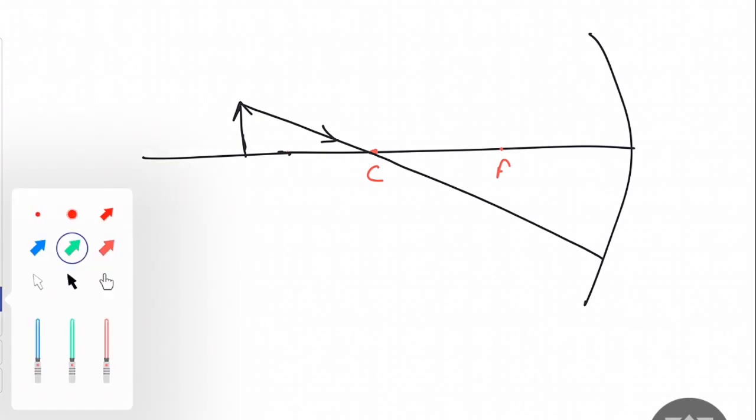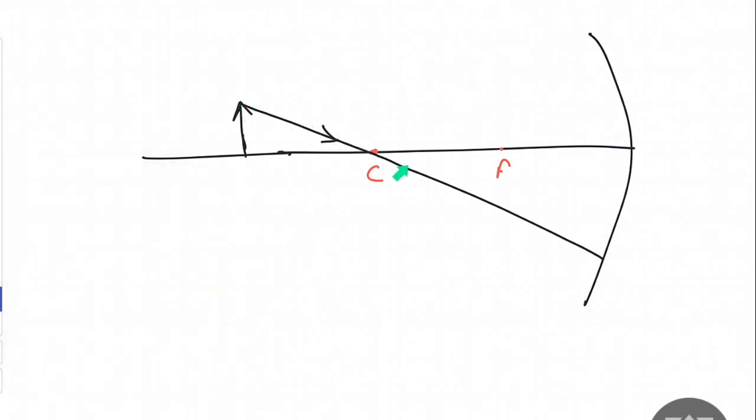It'll go from here like this, and this makes an angle of 90 degrees with the tangent. So what will happen? This will go like this, and it will reflect like this. Which means it will go and come back in the same direction. So it will retrace its path.